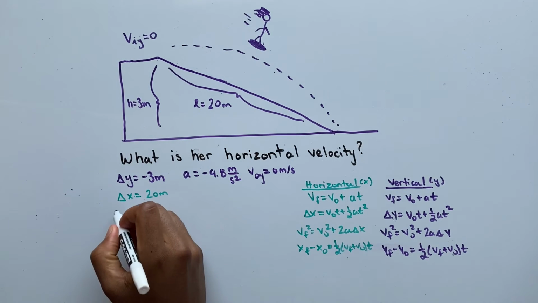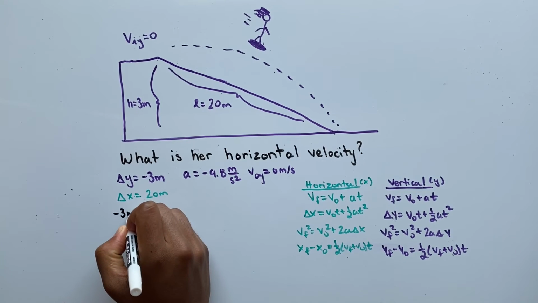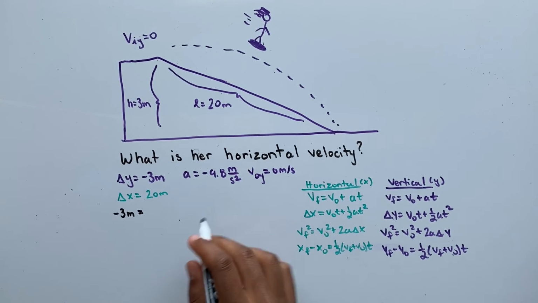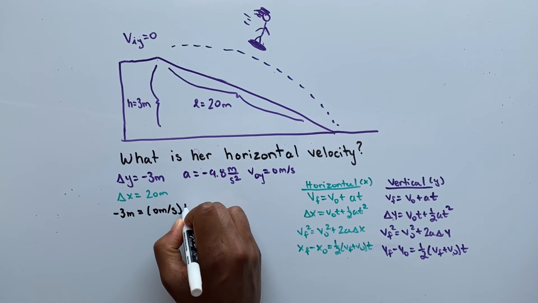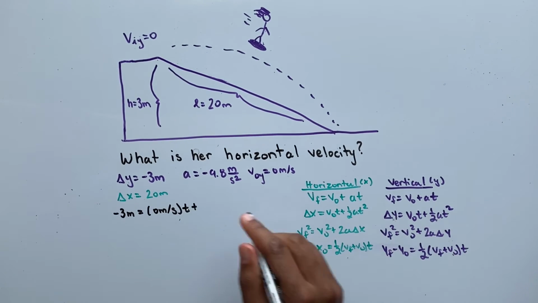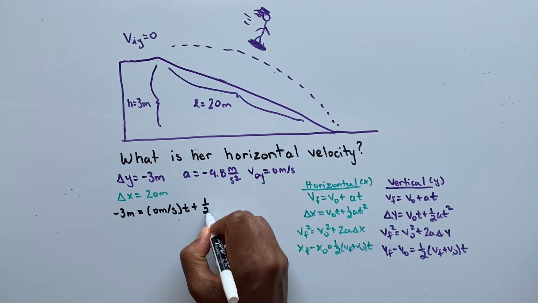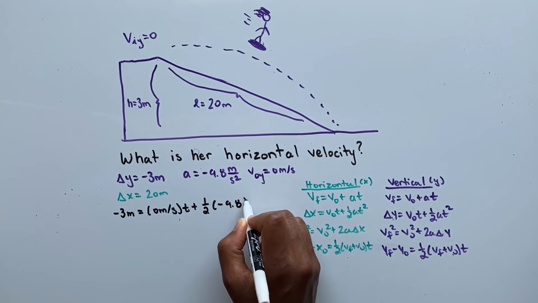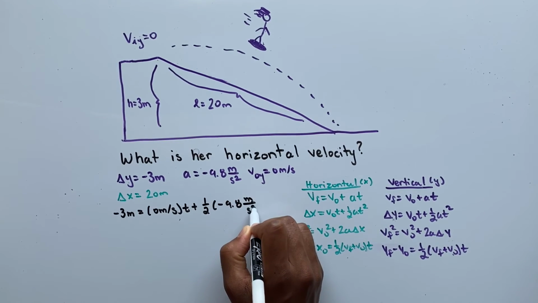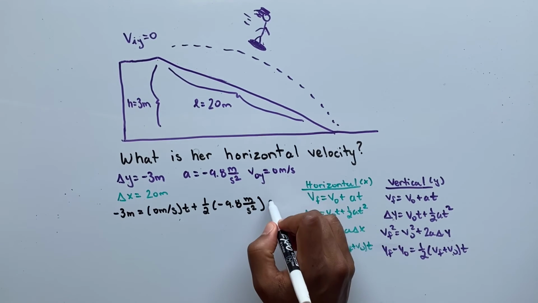So we have -3 meters equals our initial velocity, which is 0 meters per second, times our time, plus 1/2 times our acceleration, so 1/2 times -9.8 meters per second squared, times our time squared.